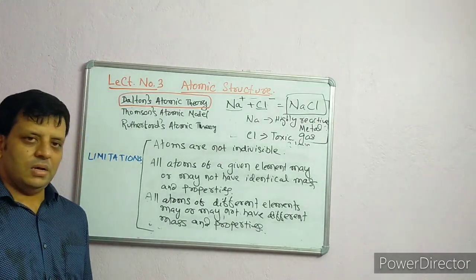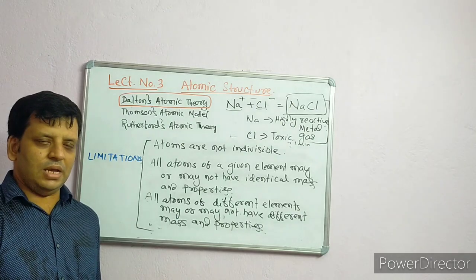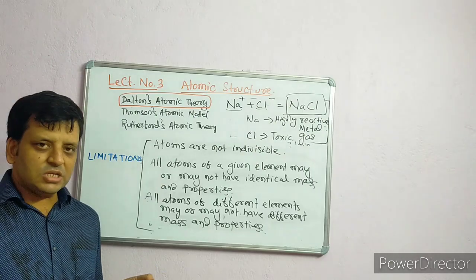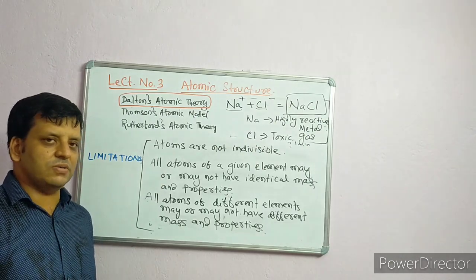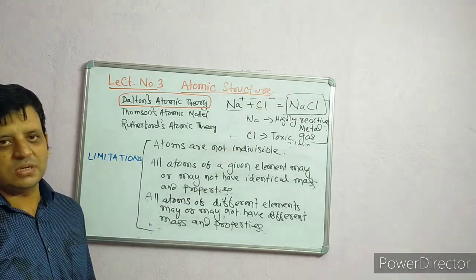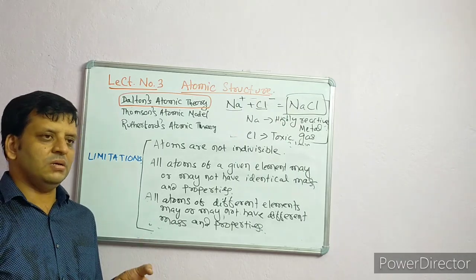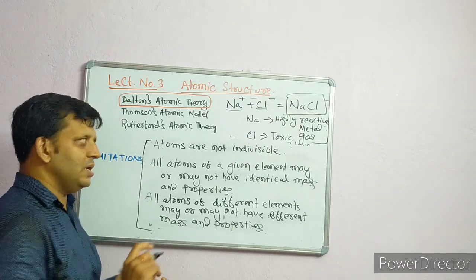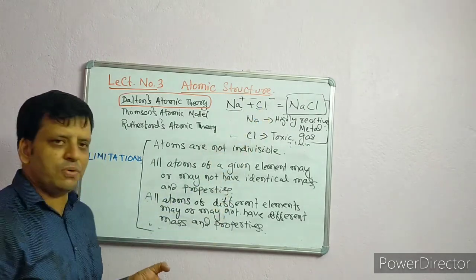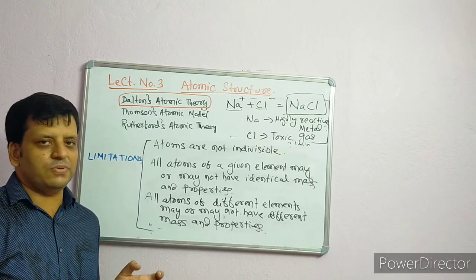He also assumed that whenever elements combine to form a compound, they combine in whole number ratios. So here Na and Cl are in whole number ratios. He did not think that they can combine in fractional ratios, like Na being 0.5 and Cl being 0.5, because he thought that atom is indivisible.